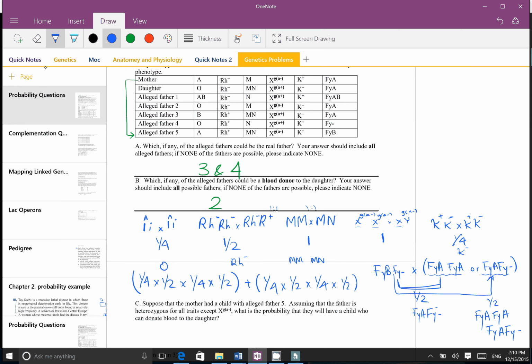I didn't write times 1 times 1 times 1 just because obviously anything times 1 is the same number. The answer for both of these is going to be 1/64 plus 1/64, which is equal to 2/64, which is 1/32. That's your answer.